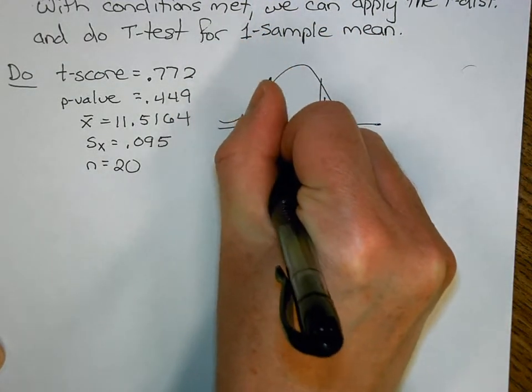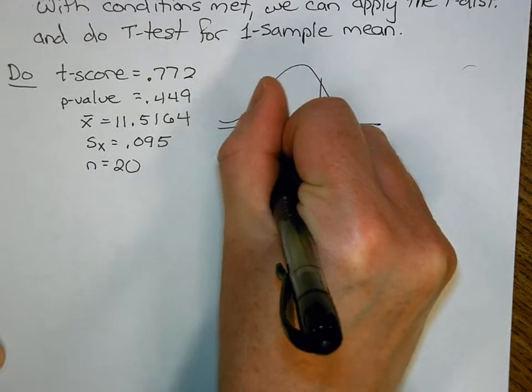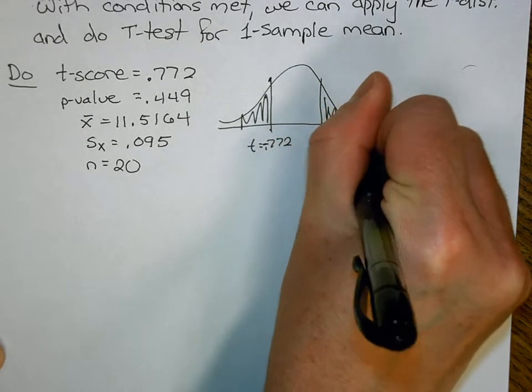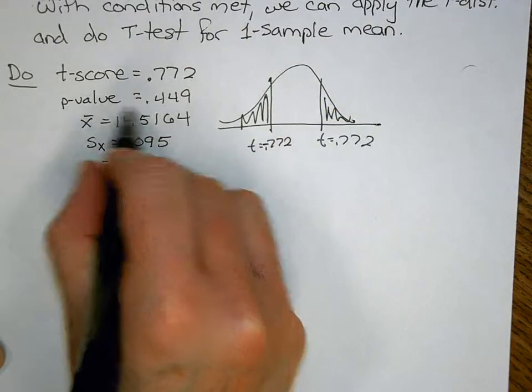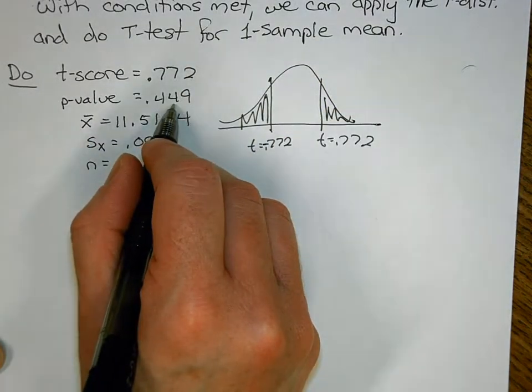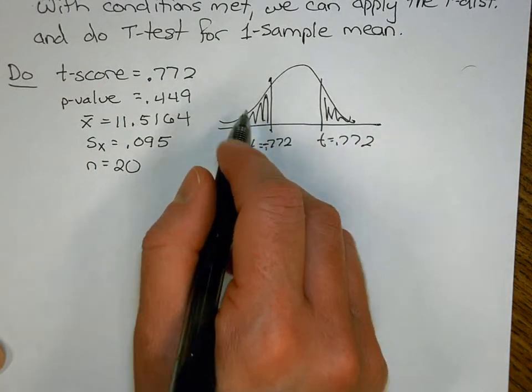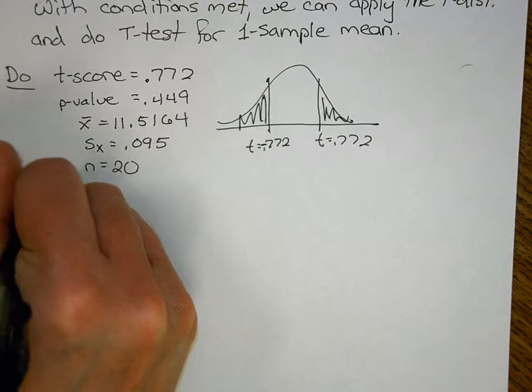This t-score would be positive 0.772 or negative 0.772, and the p-value together is 0.449. So each of these tails is half of that 0.449. But back to the conclude.